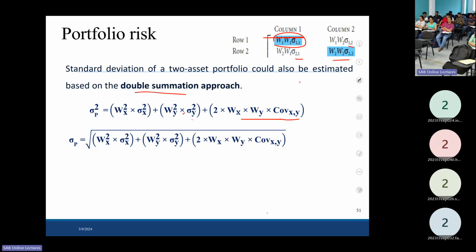Now you can calculate the variance, because all the numbers we have calculated for the same example. If you apply the double summation formula, what is the variance of the portfolio? Standard deviation, calculate. Tell me the value.